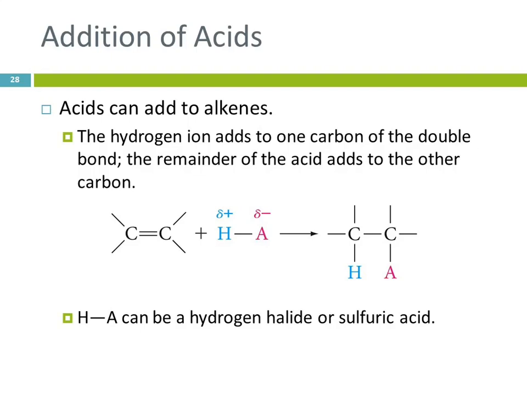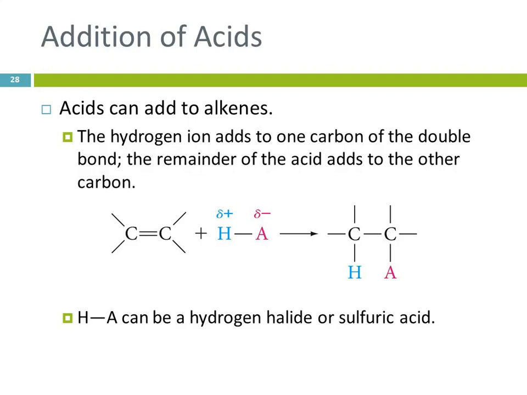We can also have acids add to alkenes. Same pattern. But now instead of HOH, it's HA, where A is just the anion of the acid. The hydrogen adds to one side, the ion of the acid adds to the other side. This works with hydrogen halides, so HCl, HBr.